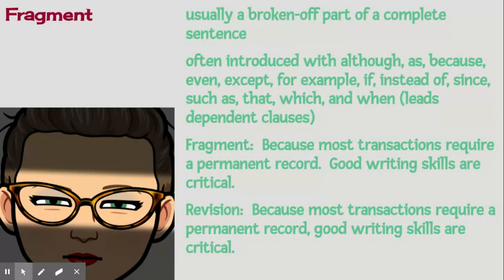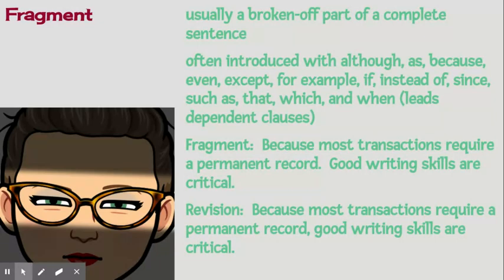Fragments are, as I put it, a little broken off piece of a sentence. They can't stand on their own. Sometimes it's a dependent clause that's introduced with although, as, because, even, except, for example, if, instead of, since, such as, that, which, and when. Sometimes it's merely a phrase.